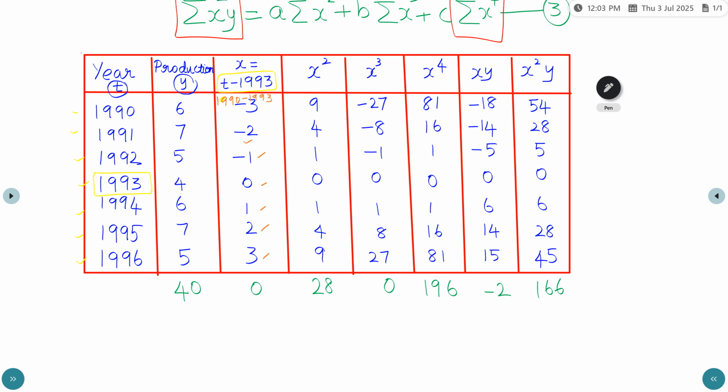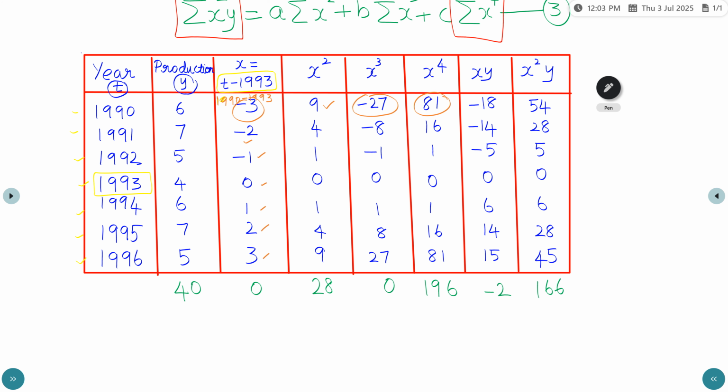So the next one is x squared value. Minus 3 whole square value is 9. Similarly, x power 3 value, that is minus 3 whole power 3, that is minus 27. Next one, x power 4 value. Minus 3 power 4 value is equal to 81.